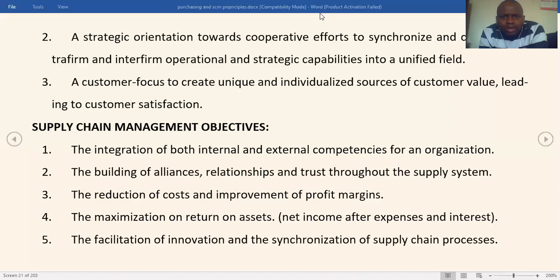So you're able to maximize your return on investment, and this is very key for any organization that embraces supply chain management. The other one is facilitation of innovation and synchronization of supply chain processes. So you're able to come up with new ideas and synchronize those ideas to your supply chain processes and ensure that you have a competitive advantage over other firms.